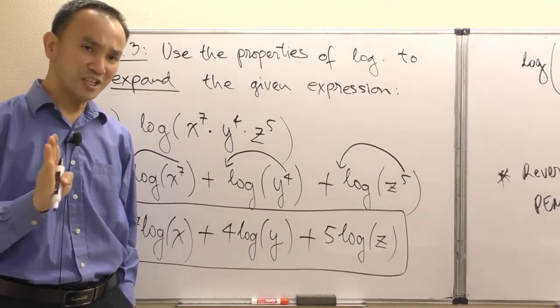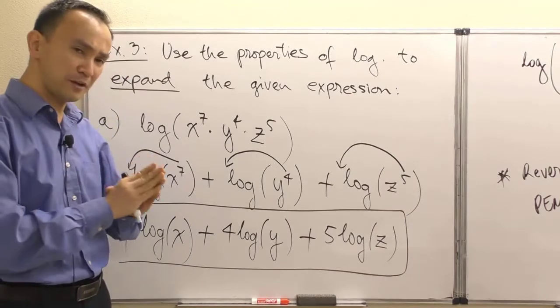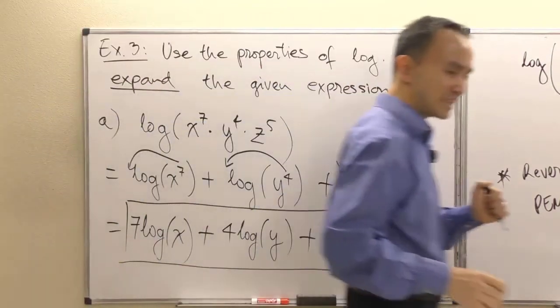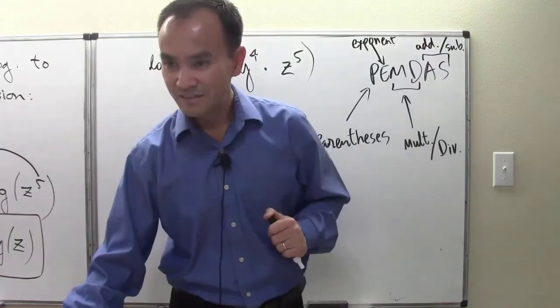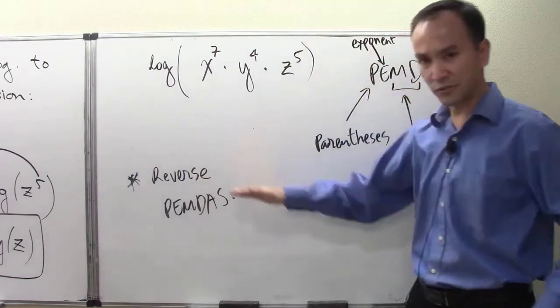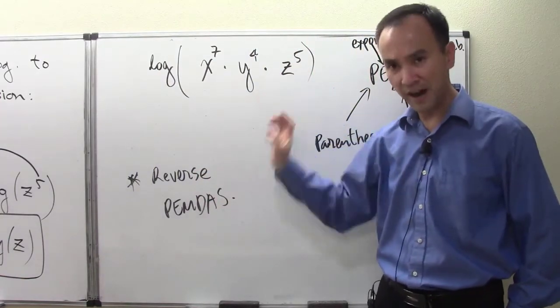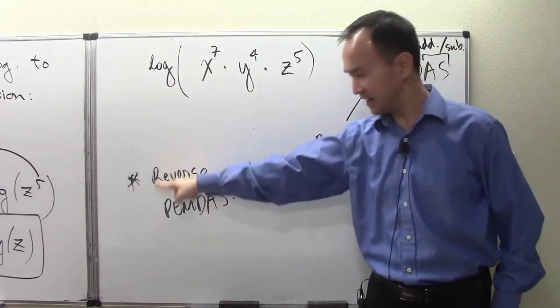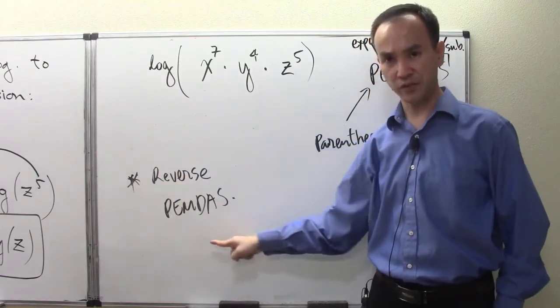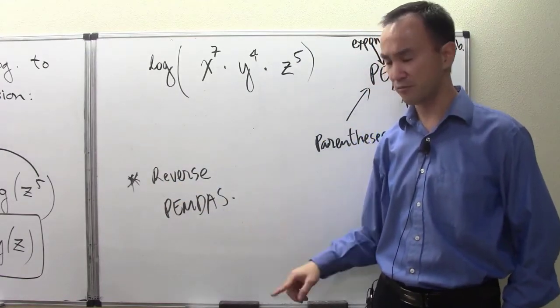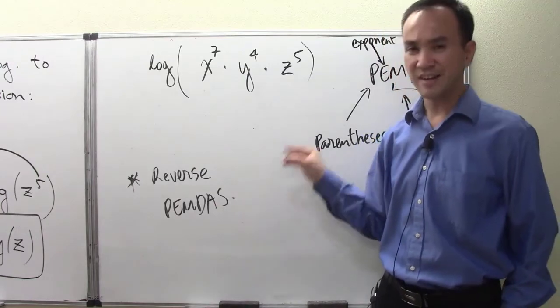I spent a lot of time explaining how I did that in example 3 part A. And this is my biggest advice for anyone doing this kind of problem: think about reversing PEMDAS.